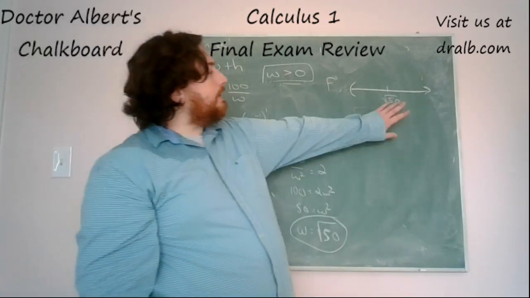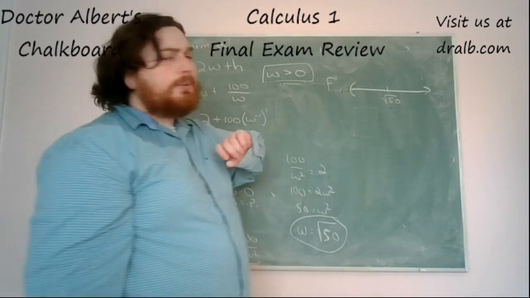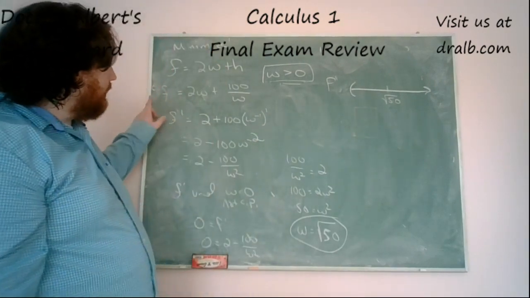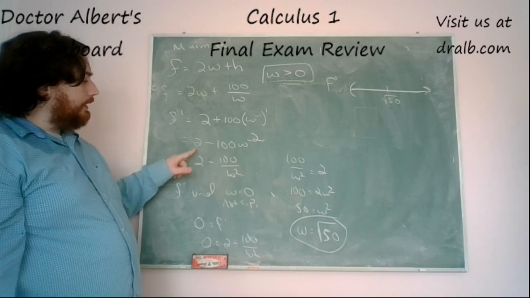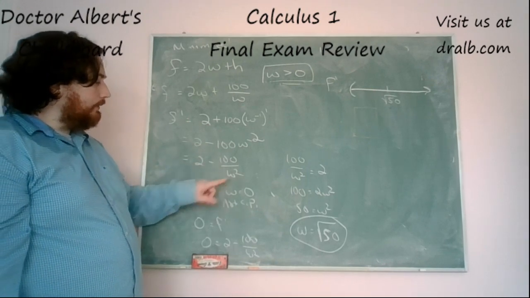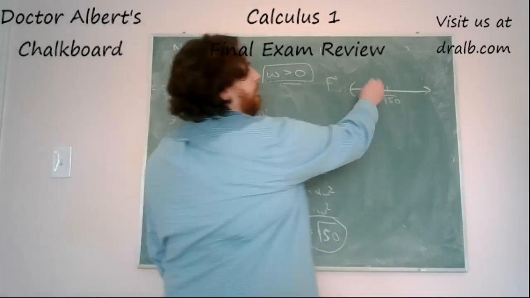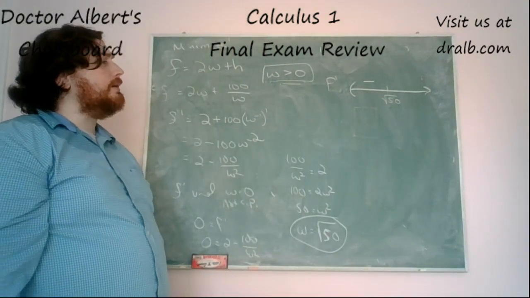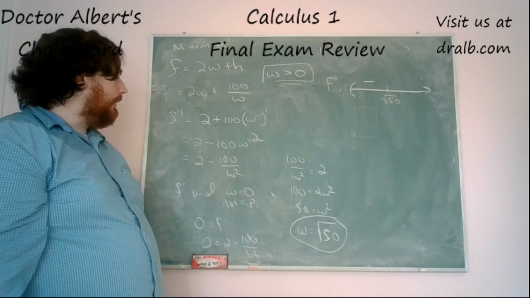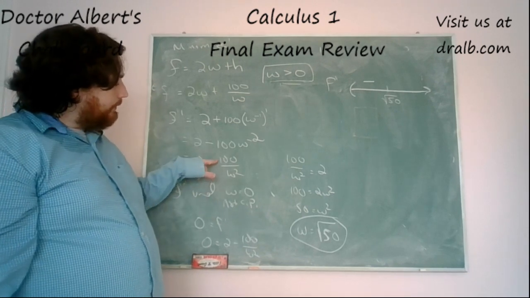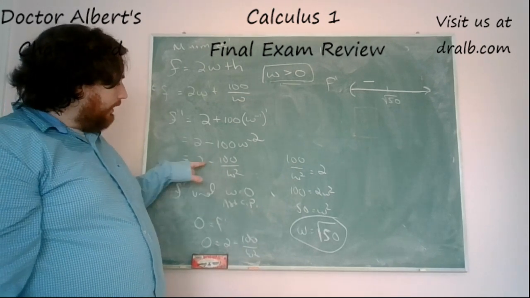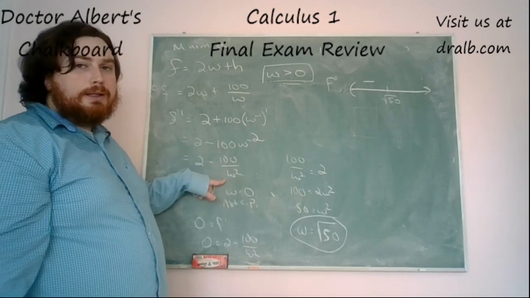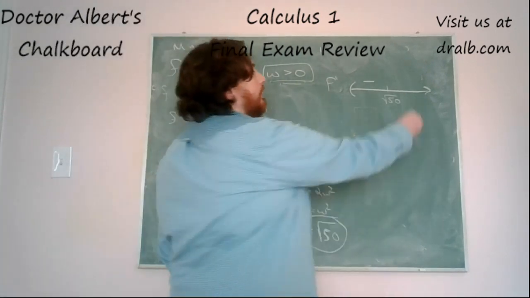So if I pick something less than the square root of 50, like 1, I plug 1 into the derivative function. I get 2 minus 100 over 1, which is going to be negative. And if I plug in something bigger than the square root of 50, like 100, I will get 2 minus 100 over 100 squared, which is 2 minus 1 over 100, which is positive.